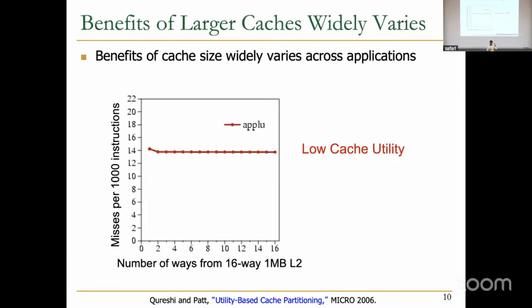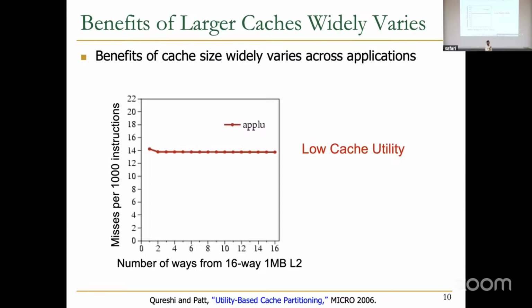This example is coming from the paper that I'm mentioning over here. As you can see, if you increase the cache associativity from 1 to 16, essentially you're making your caches 16 times bigger. This specific workload does not budge at all from the misses, right? The misses are not going to 0.